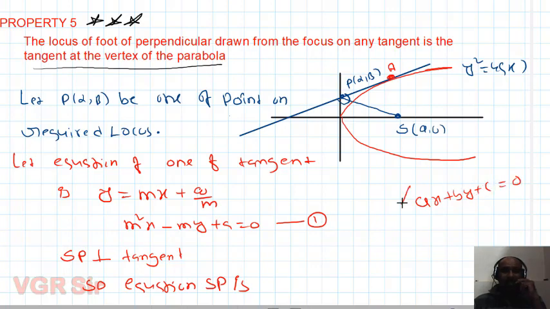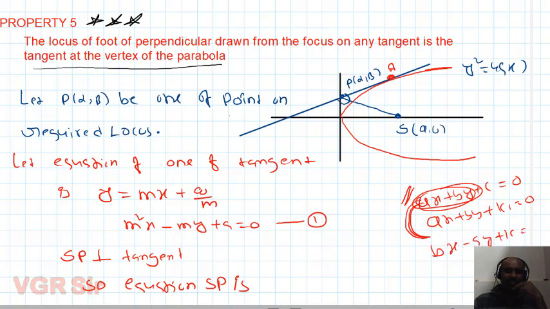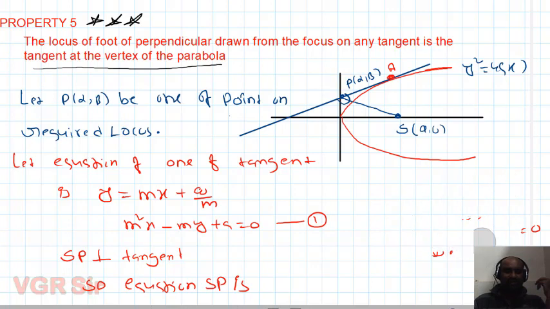The line parallel to this line is always of the form AX plus BY plus K1 equal to 0. Parallel lines differ by a constant only. Now directly I want to find the equation of a line which is perpendicular to this, which should have the form BX minus AY plus K equal to 0. Observe here, BX minus AY plus K equal to 0. Using this concept, directly I want to write the equation of SP.